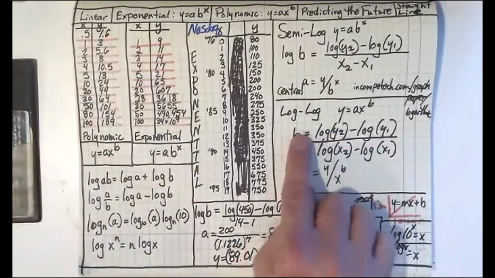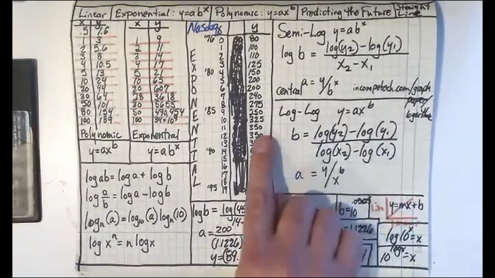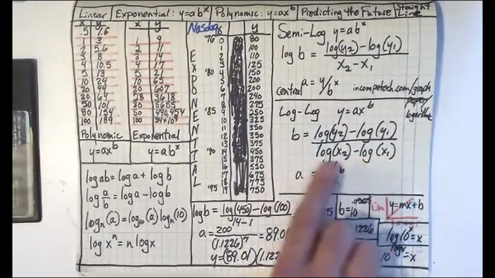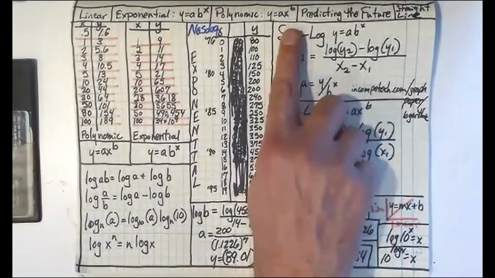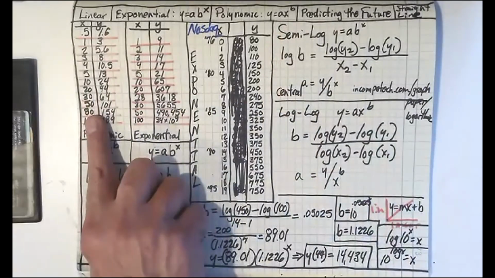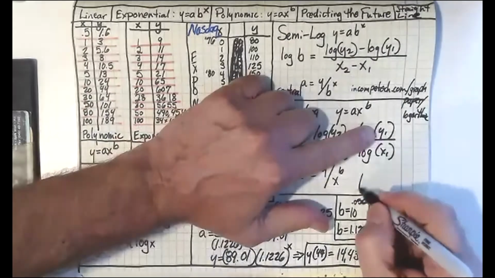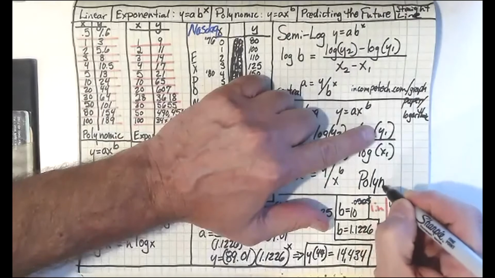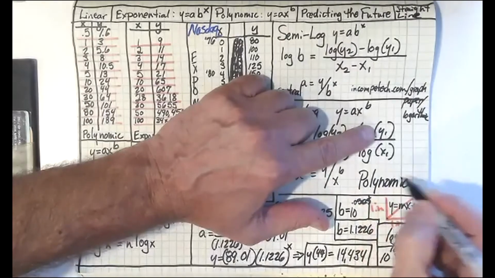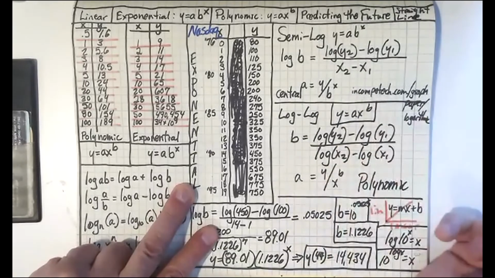And down here, remember, your equation to figure out what b is is different than up here in the semi-log. The log is for polynomic relationships, right? And that should be a giveaway because it's got ax to the b.